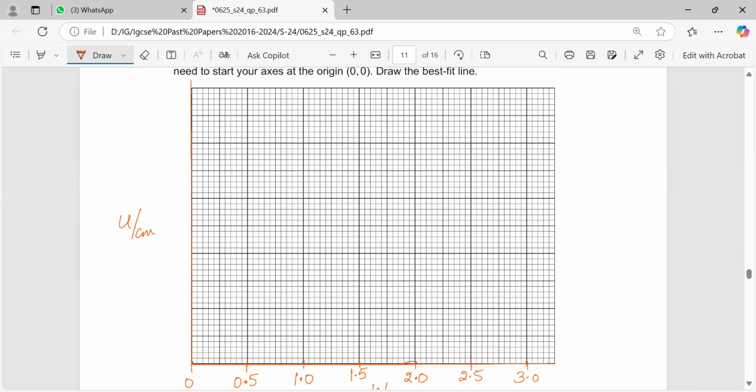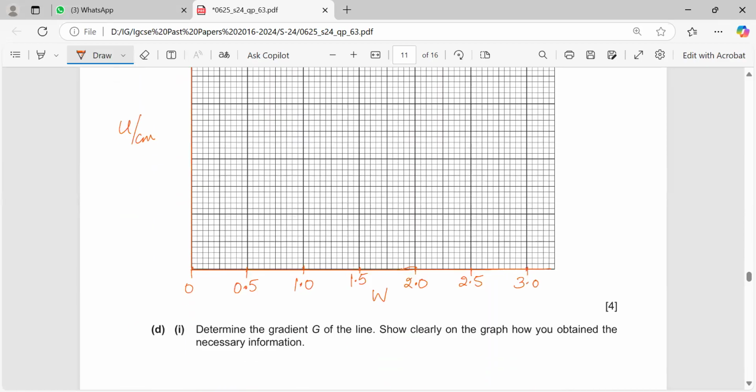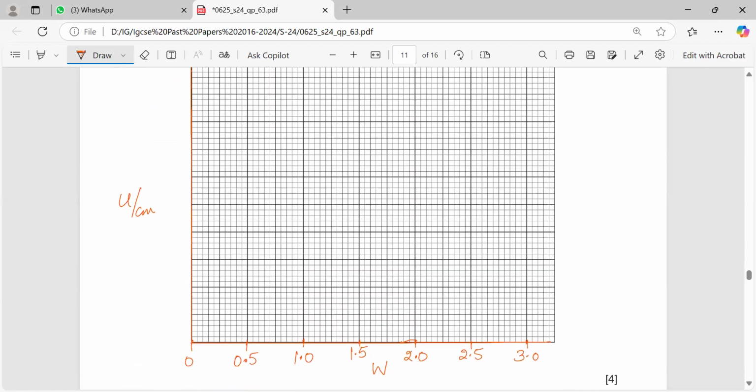Up to 2.9 you need, so more than half of the grid is covered. When you label u in centimeters and m, you score the first mark. The second mark you will be given when you place the numerical values on the x and y axes such that they cover more than half of the grid on the x-axis as well as the y-axis.